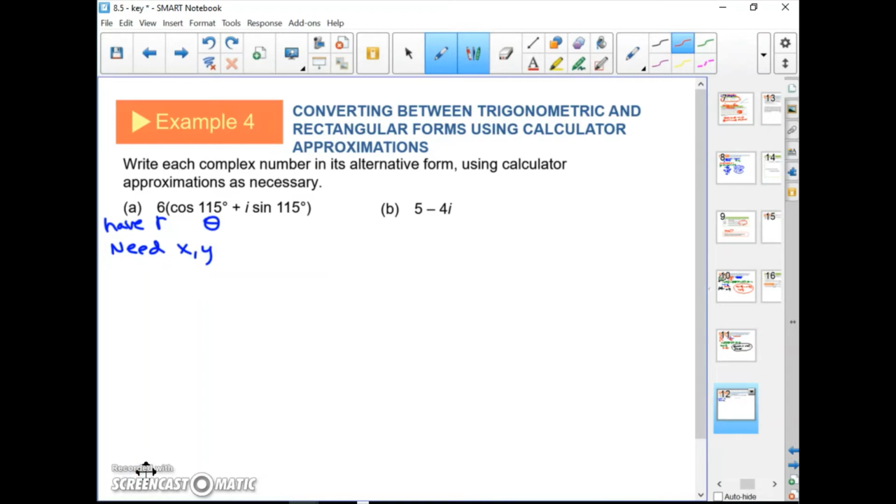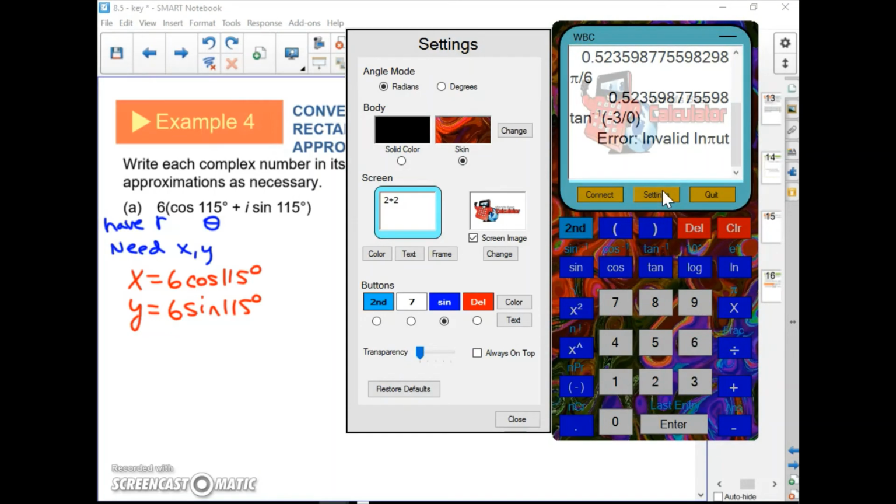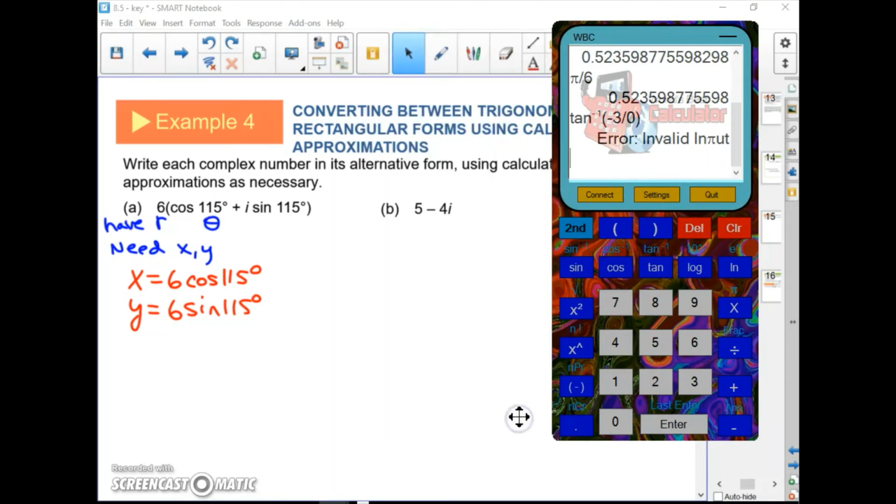So I need x and y. x equals r cosine theta, and y equals r sine theta. Need to be in degrees here. So 6 cosine 115 and 6 sine 115.